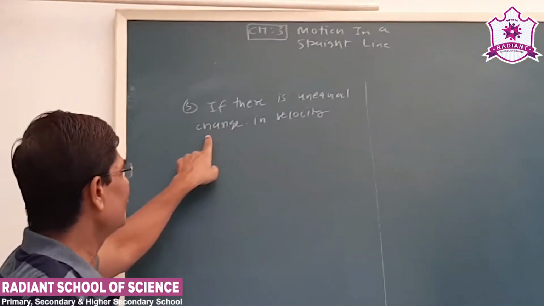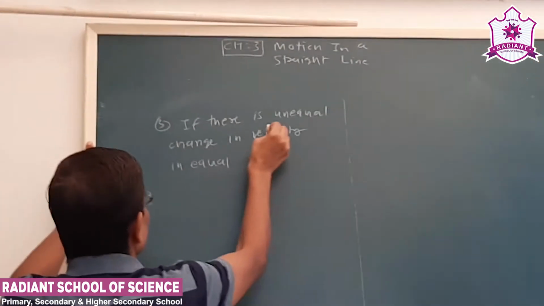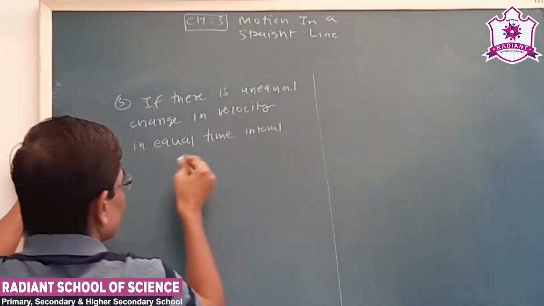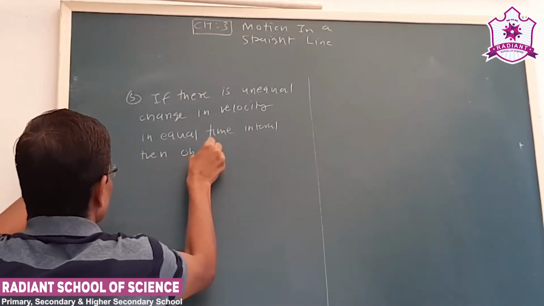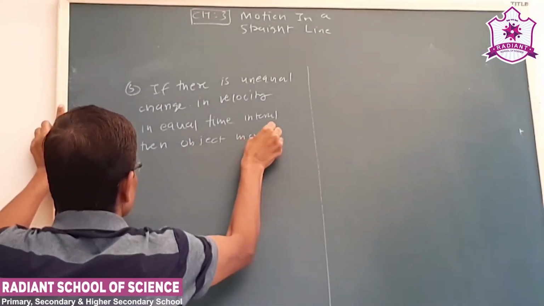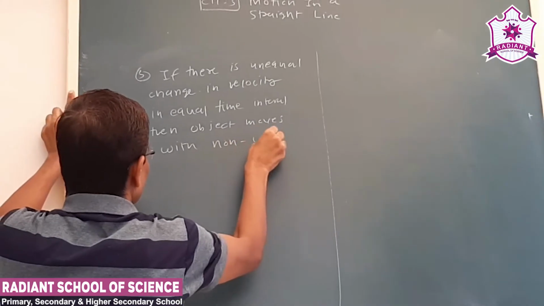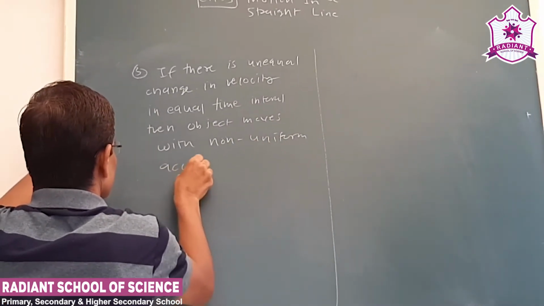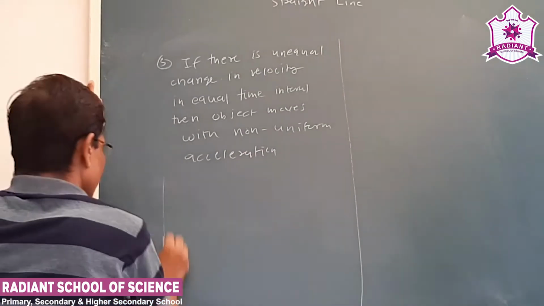If there is unequal change in velocity in equal time interval, then the object moves with non-uniform acceleration.